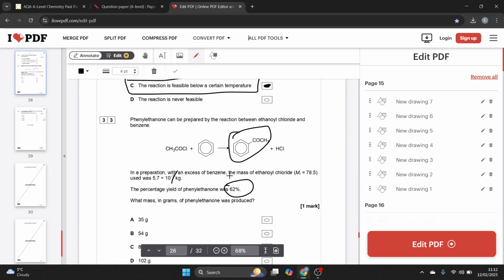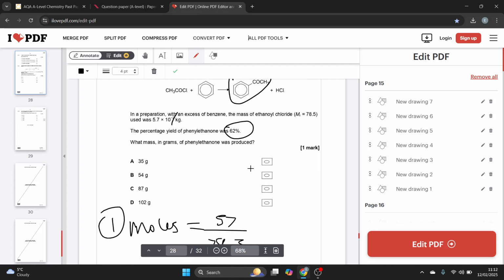That's the mass of ethanoyl chloride. 57 divided by 78.5, I've got the moles of that. And then I've got the moles of phenyl ethanone. Moles is mass over Mr. Mass is going to be the moles times by my answer times by the Mr of phenyl ethanone. I've got 72, 12 times by 6 plus 5 plus 12 plus 16 plus 15. And then times by 62 over 100, and I get 54.